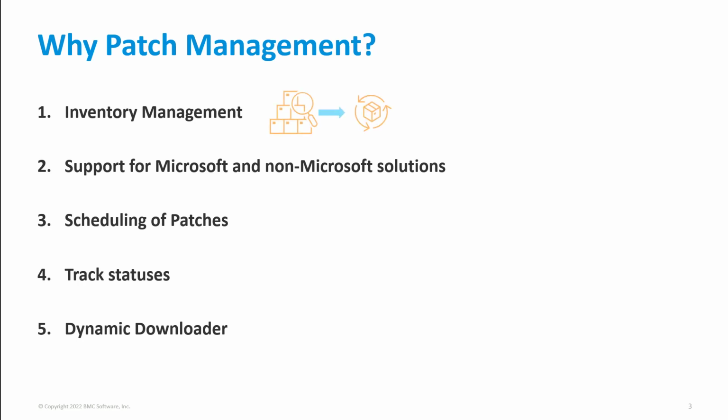Inventory patch management gives the option to sort patches or service packs by different criteria like severity, product name, or product family. It also helps organizations to identify any missing patches or service packs, as well as to keep track of patches and service packs that have already been installed.